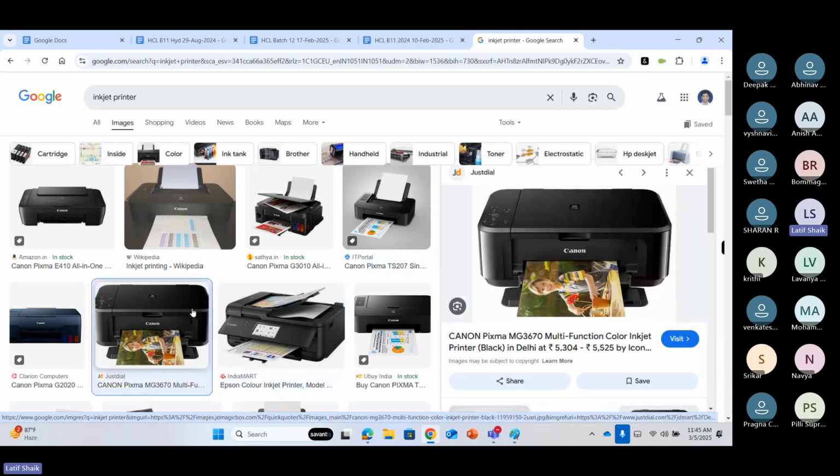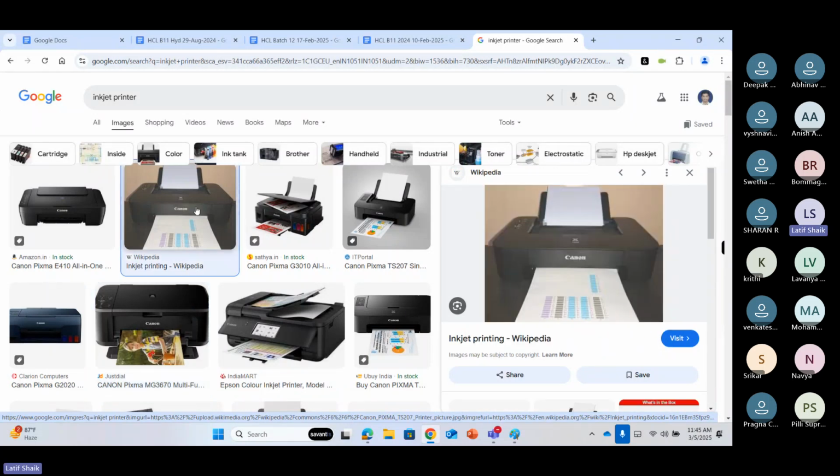Photo printing is also possible. And it is slower. The printer cost is lesser, but the per-print cost is higher. If you want to print 100 pages, it takes a lot of time, and the ink cost is very high compared to the other models.